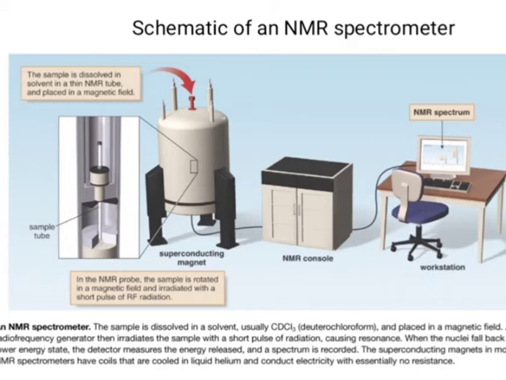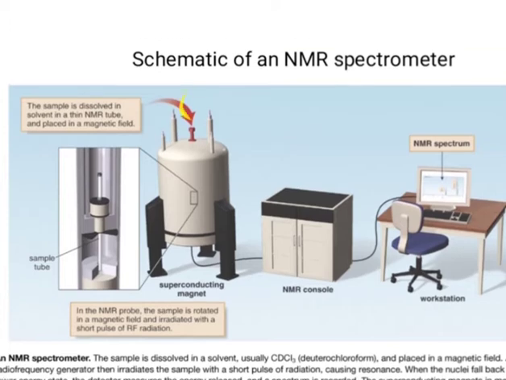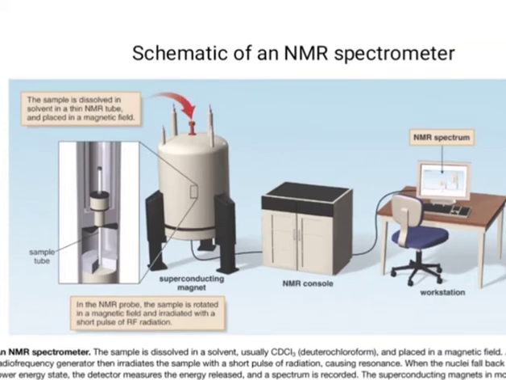Initially, you have to dissolve a sample in a solvent. Usually CDCl3, that is deuterochloroform, is used as a solvent. So the first step is that the sample is dissolved in the solvent in this NMR tube. This red color is the NMR tube in which the solvent is kept, and you have to add a solid into it.